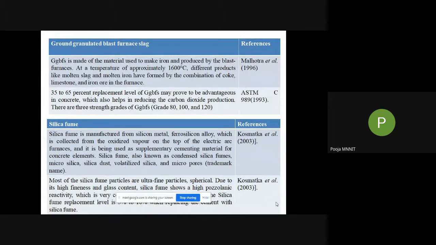As per Kosmatka et al., silica fume is manufactured from silicon metal and ferrosilicon alloy, collected from the oxidized vapor on the top of electric arc furnaces, and it is used as a supplementary cementing material for concrete elements. Silica fume is also known as condensed silica fume, microsilica, silica dust, and volatilized silica and micropores.